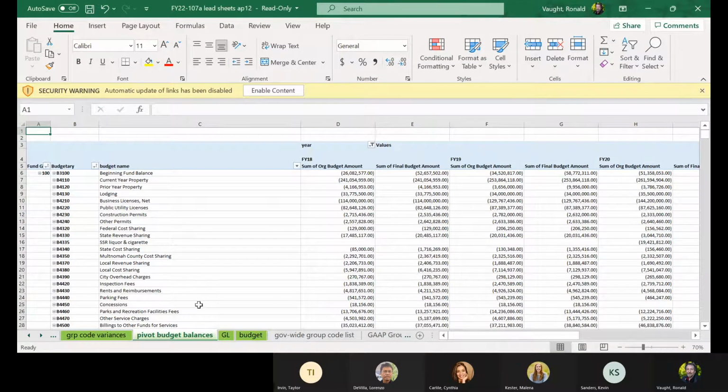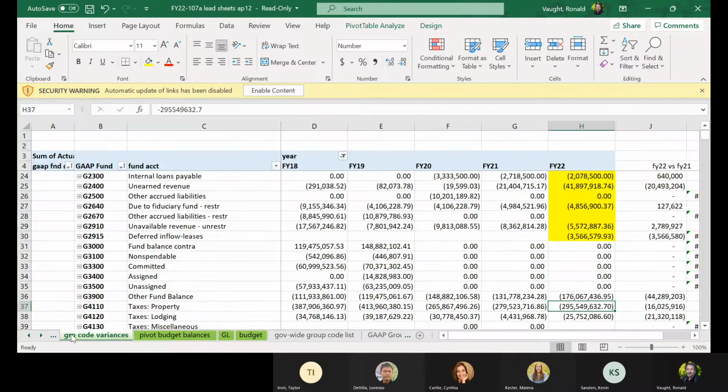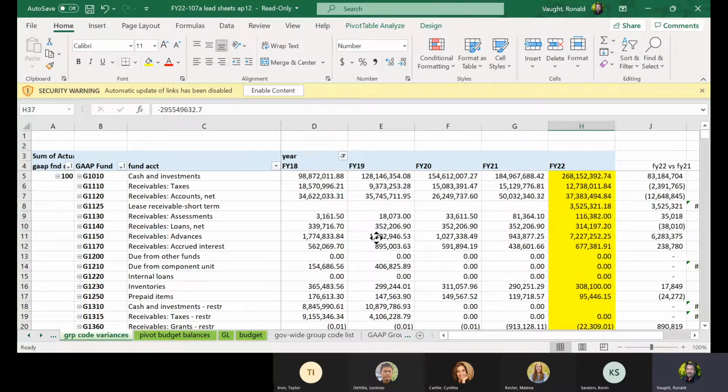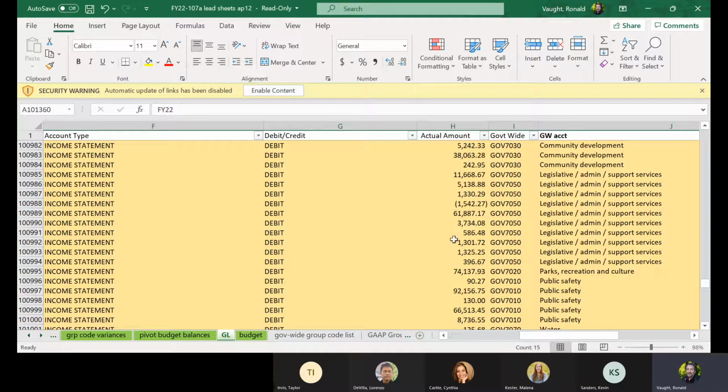So one of the tabs I use a lot is schedule 107. If you're not aware of what 107 is, basically we do an extract and a data dump and add it to the workbook, so we now have 5 years worth of data.